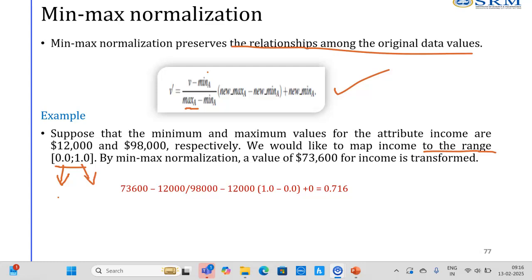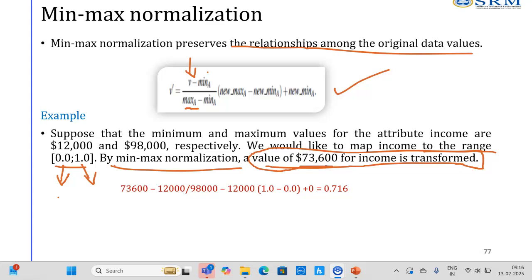Got it? So now by min-max normalization, a value of 73,600 for income is transformed. So the value that is being transformed is 73,600, which will be our V here. Let us substitute the value.